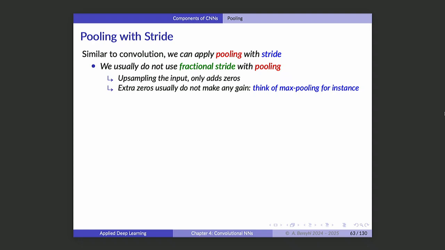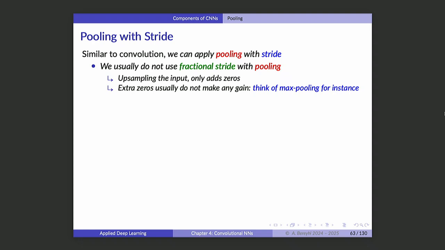In the example of max pooling that we had, if I have filter 2 by 2, and I just do upsampling with factor 2, then I'm going to add 0 after every column, 0 after every row, and then essentially my max pooling is going to recover the original, right? Copy it. So this is not going to help you that much. This is why in practice we don't do this upsampling before pooling.